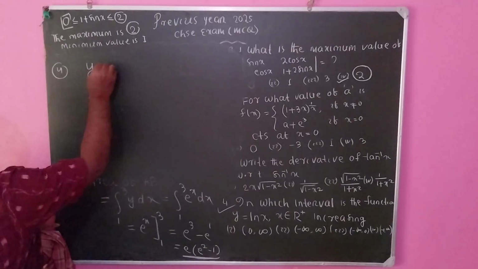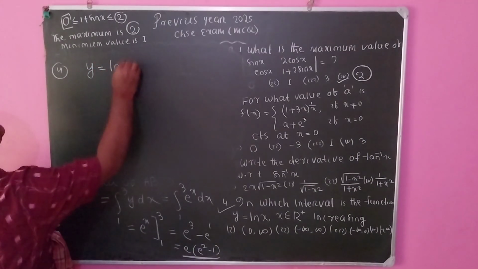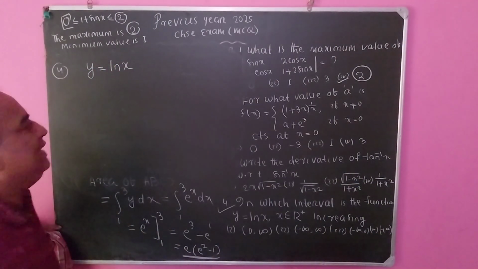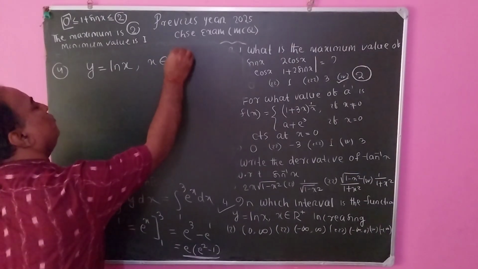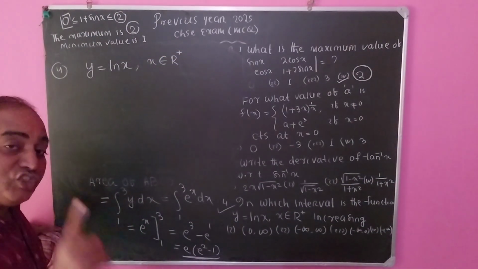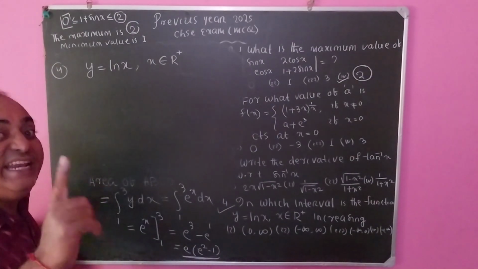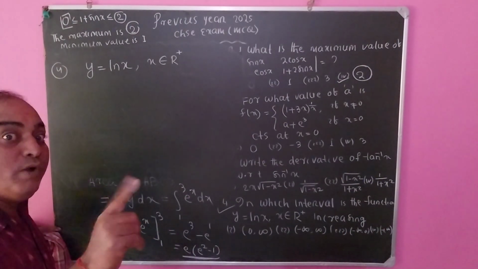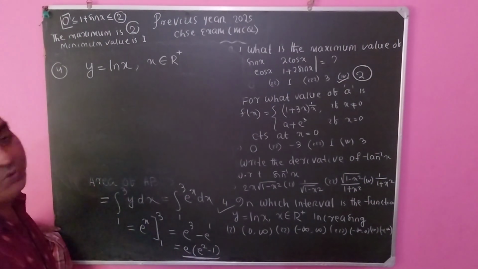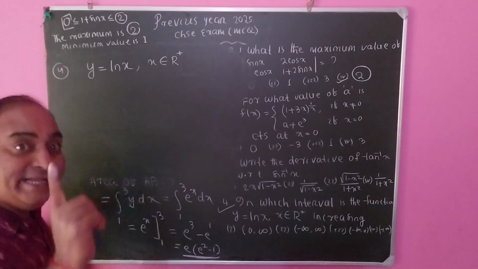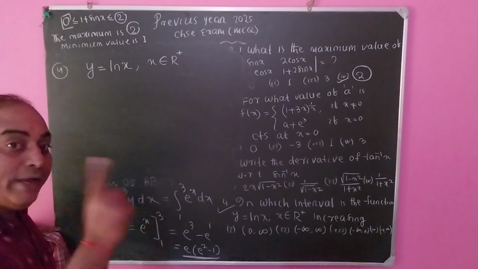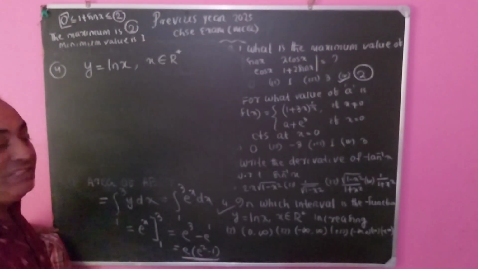Y is equal to ln x, x belongs to R plus. We know that a function f(x) is said to be increasing if dy by dx is greater than 0. We know a function f(x) is said to be decreasing if dy by dx is less than 0.